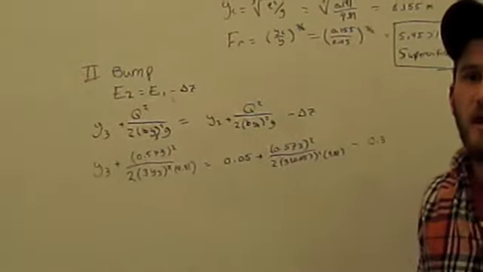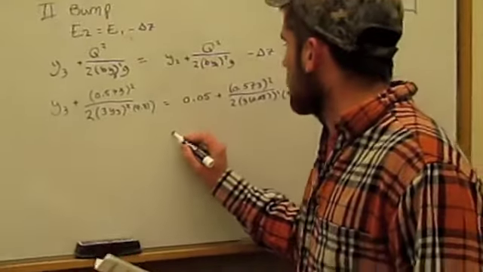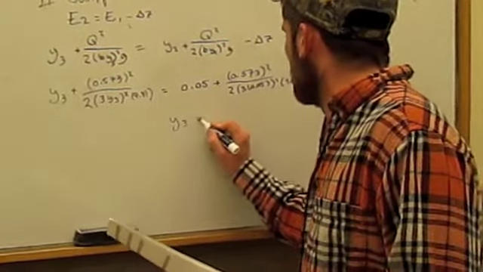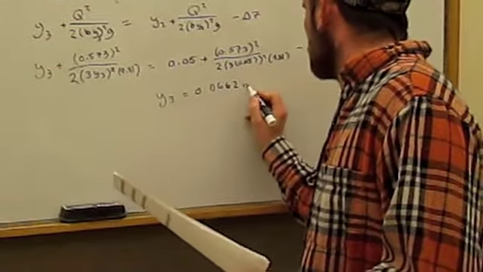Using a TI-89 graphing calculator or online solver, we solve for y3 is equal to 0.0662 meters.